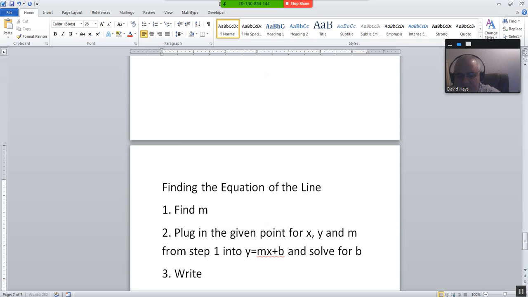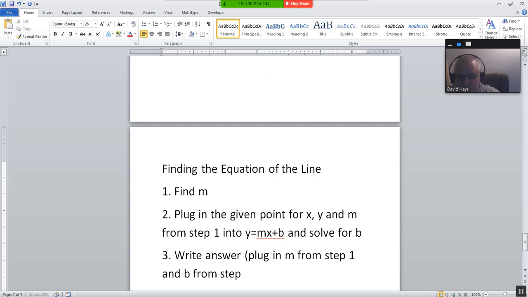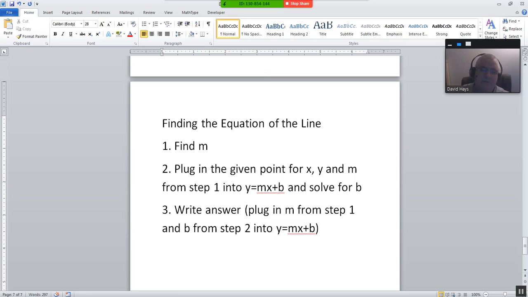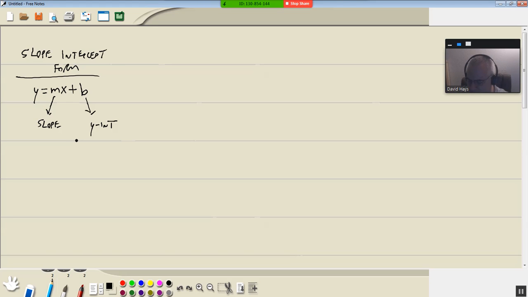And then step 3 is to write our answer. We're going to plug in m from step 1 and b from step 2 into y equals mx plus b.